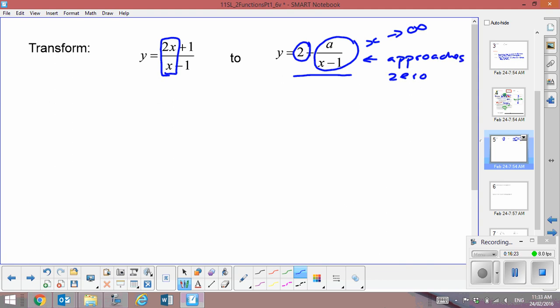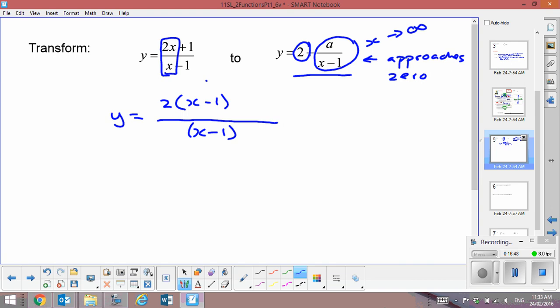So how do we get it into this form when we're starting over here? The strategy is we want to get the 2 on its own. So you start off, it's a bit like completing the square. You go 2 and then make the same as the denominator up at the top. So we're going to eventually separate this so we can cancel it.